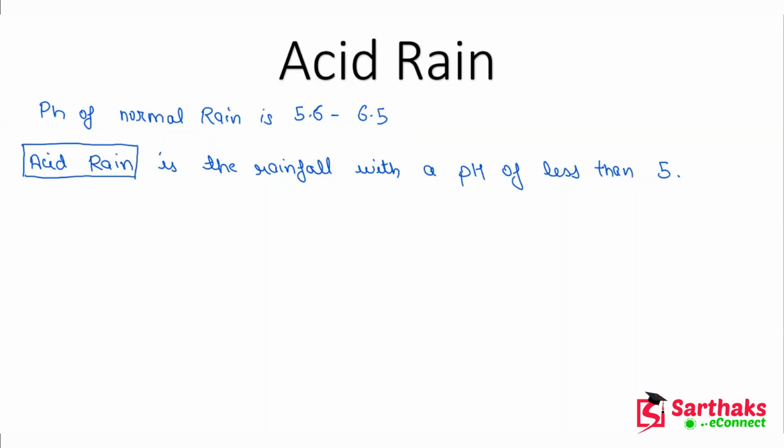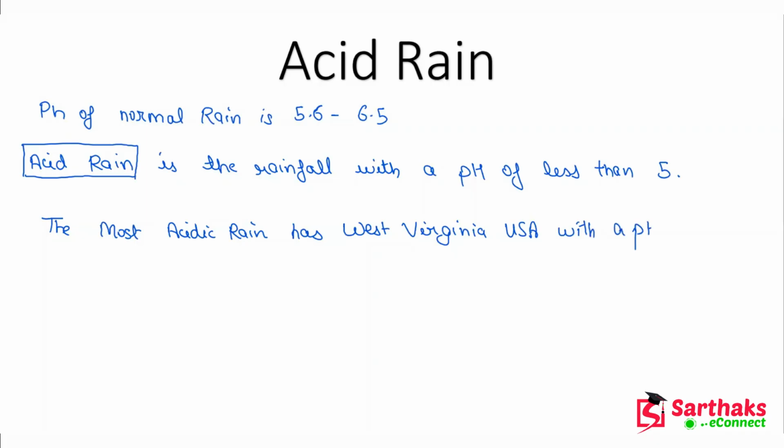Now the most acidic rain has occurred over West Virginia in the USA, with a pH of 1.5.